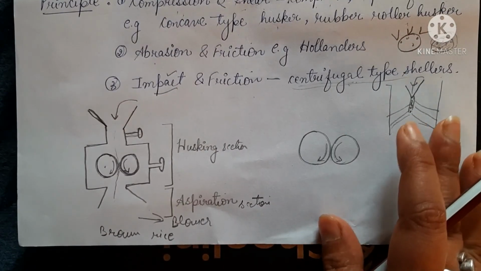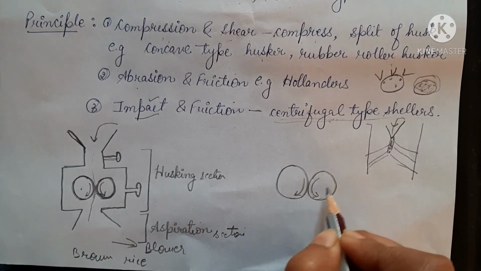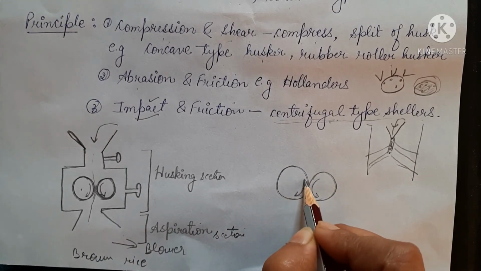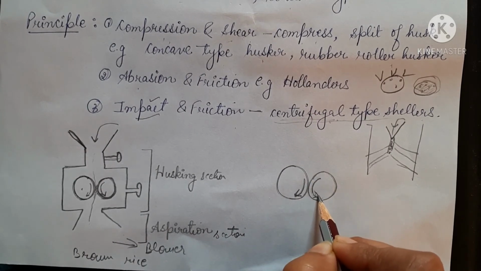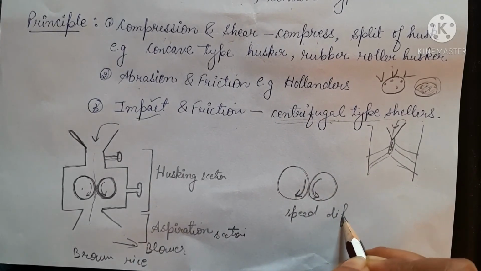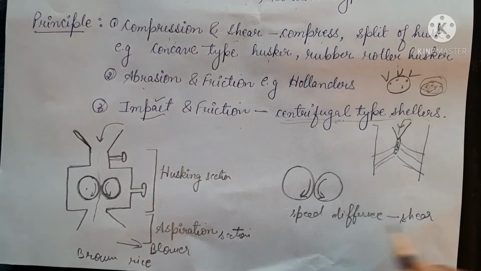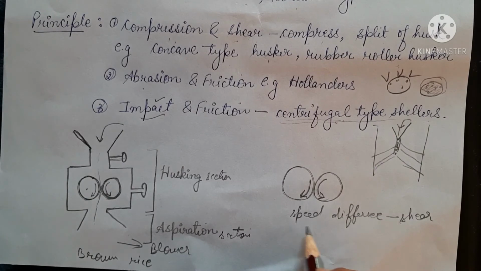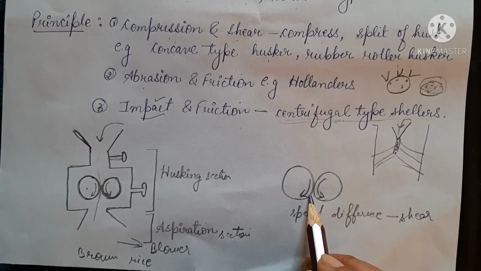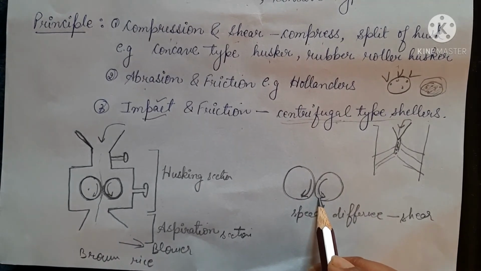So I'll explain the basic principle behind it. There are two rollers. Both the rollers are rotating in opposite directions, and there is a speed difference, which means that shear forces are acting on it. And because the two rollers are made up of rubber, rubber will be soft, and there will be less breakage of the kernels.